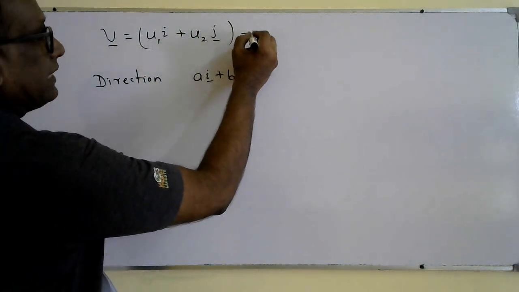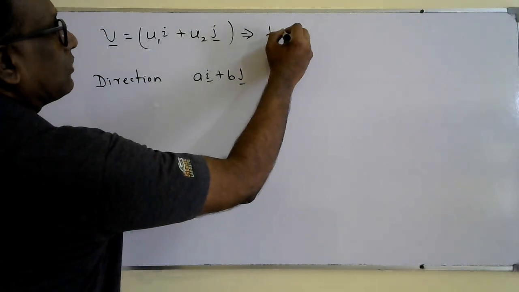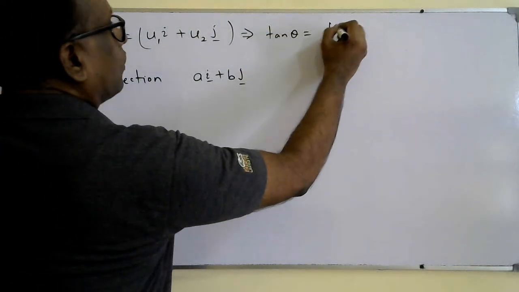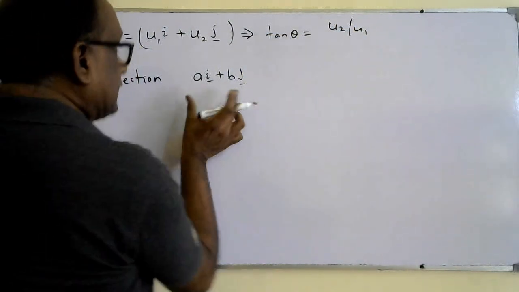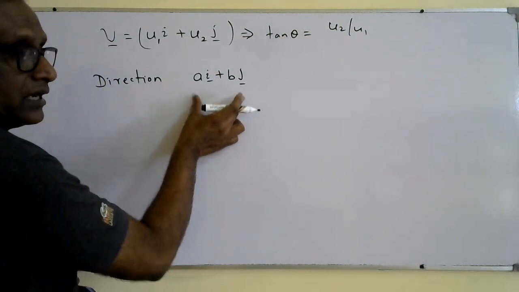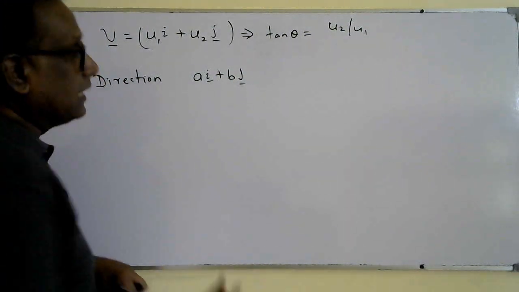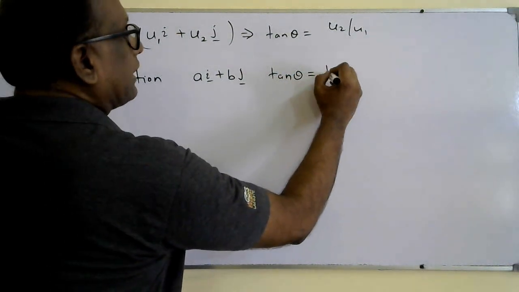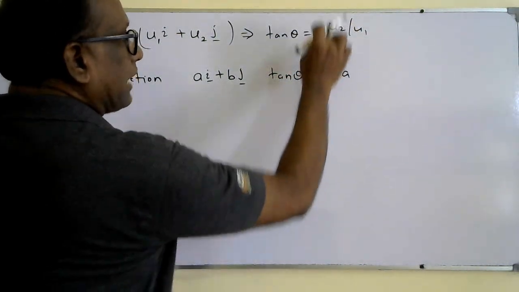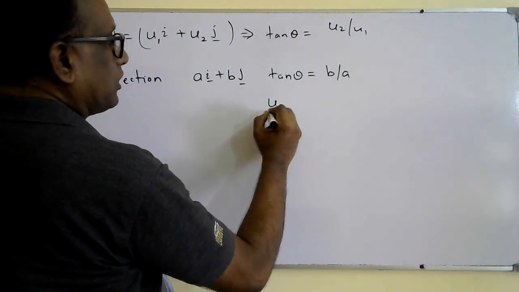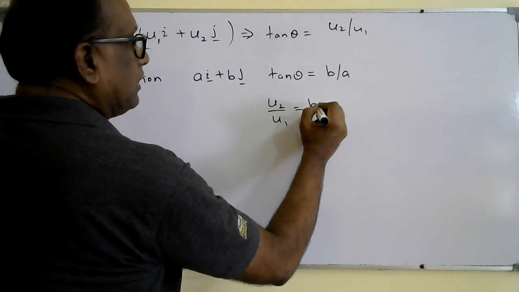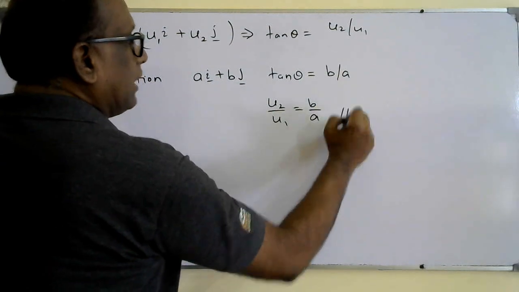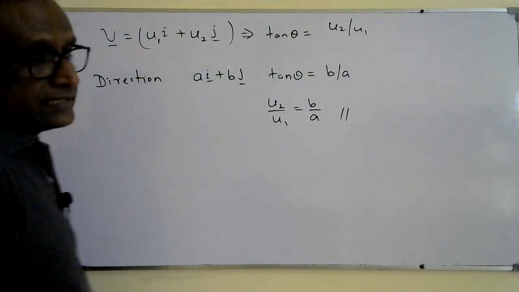But if you want to find the direction, tan theta is equal to u2 over u1. This is the direction of the velocity. So here also tan theta must be the same, b over a. That means both should have the same value. So u2 over u1 must be equal to b over a. From this, you can find the unknown, depending on the question.